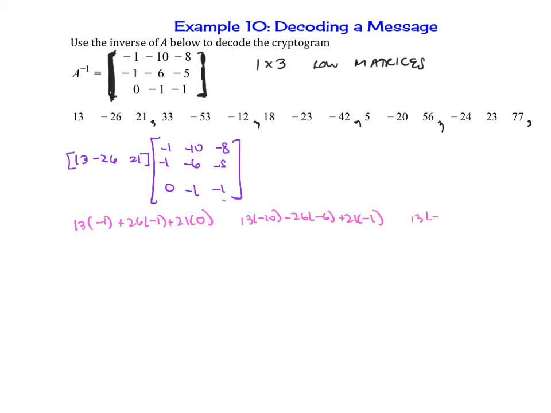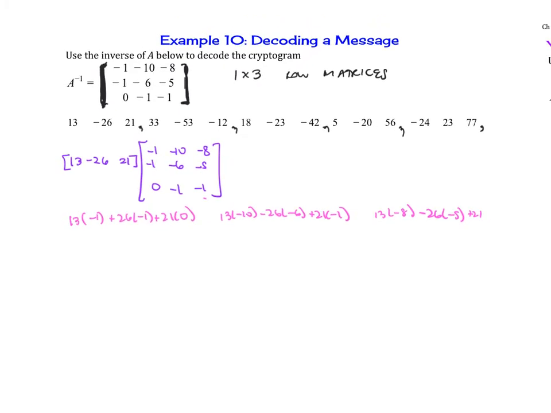Then we have 13 times -8 minus 26 times -5, plus 21 times -1. Actually, I missed a negative at the beginning, and this should be a -26 right here. Then when you multiply and add it all the way through, you would get 13, 5, and 5. And then you repeat with the next group.